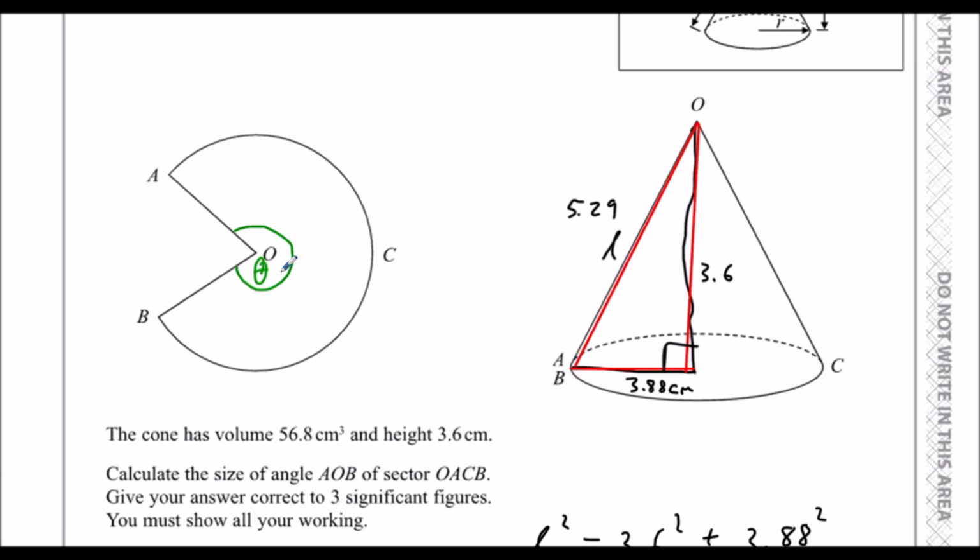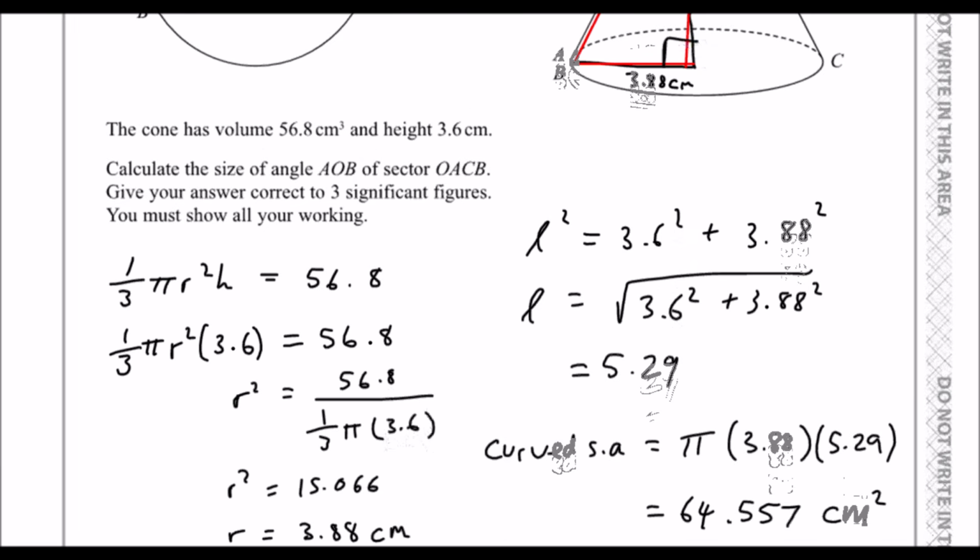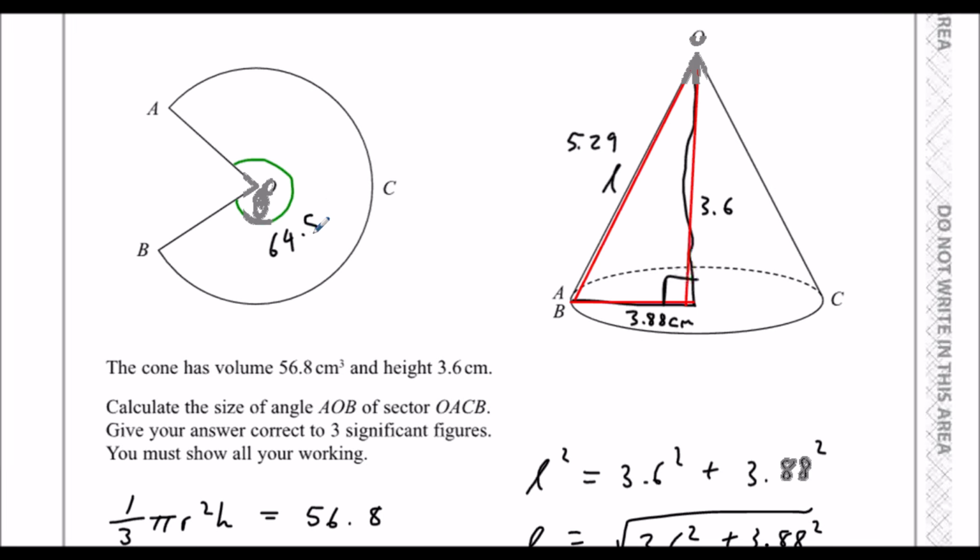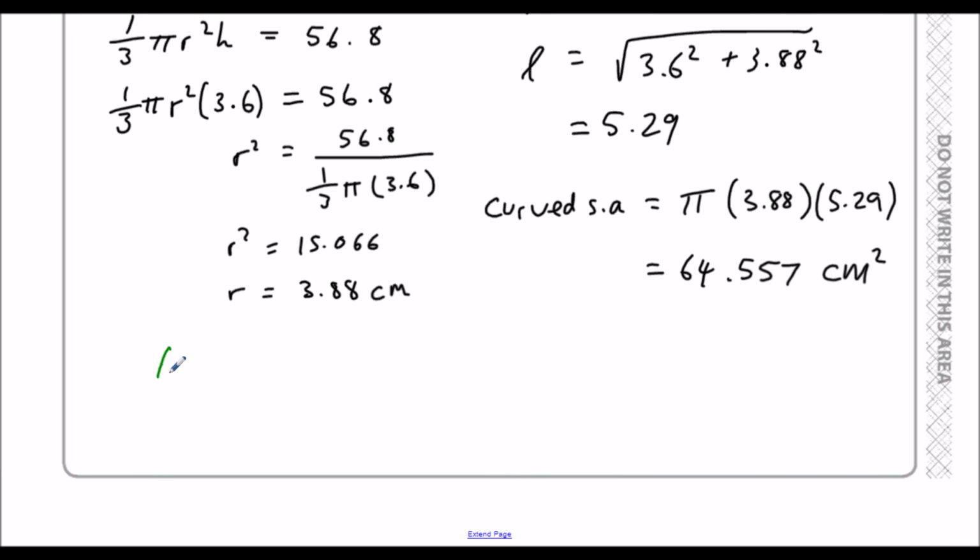the sector. So the area of the sector is 64.557 centimeters squared. The radius is O to A. So the radius of the sector is L, which is 5.29. And we can use the area of the sector now to find the angle. So area of sector is theta over 360.